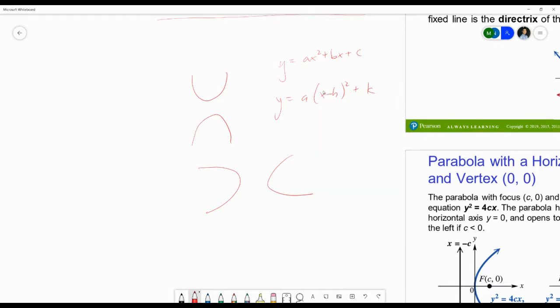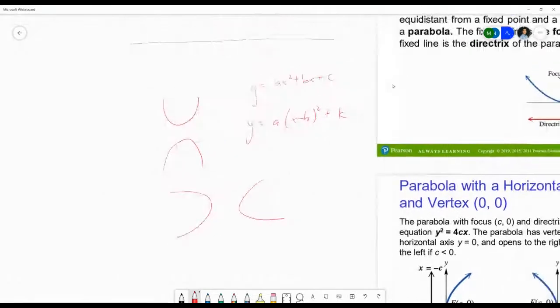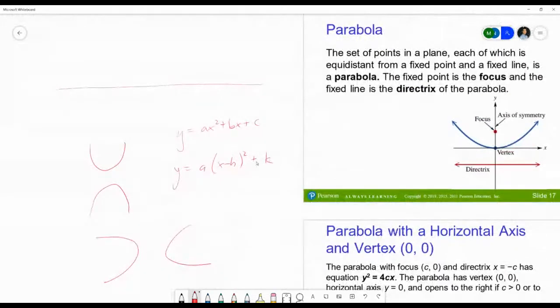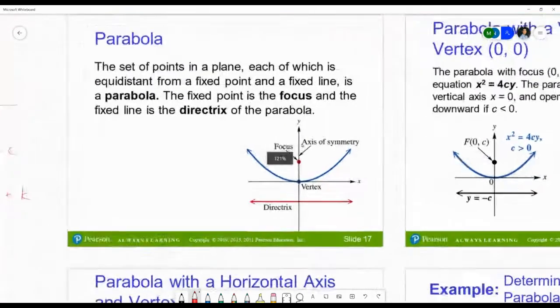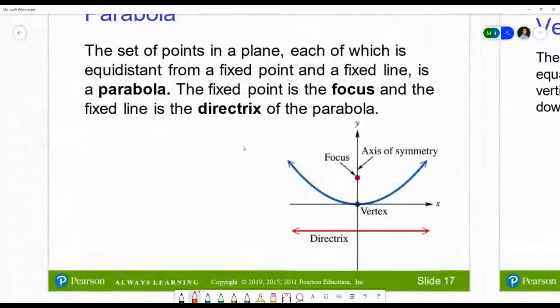Before college algebra, we only look at parabolas where we have the vertex and the a value. That's it. Here we're going to look at how a parabola is actually defined, so we have a better understanding of it. A parabola is a set of points that are equal distance from some fixed point and a fixed line. This is actually quite interesting.